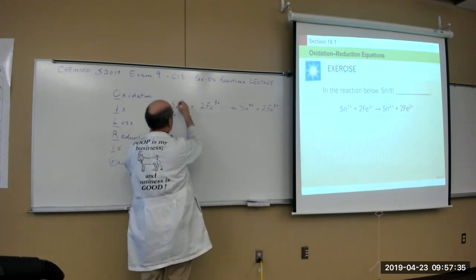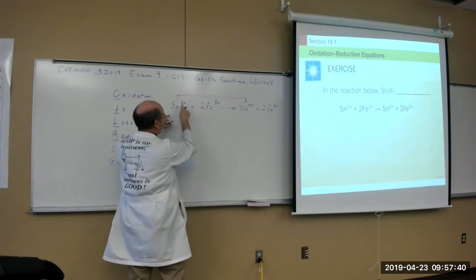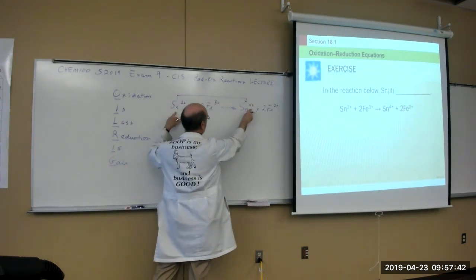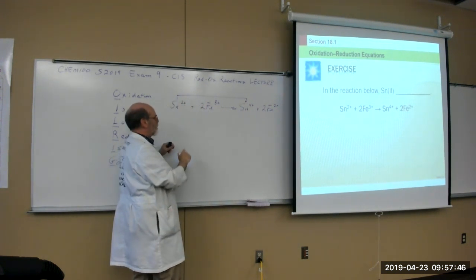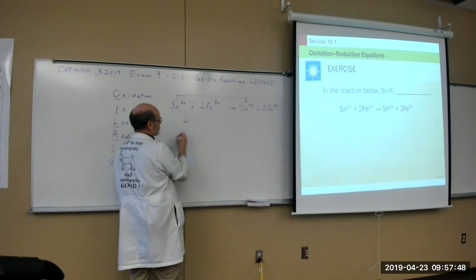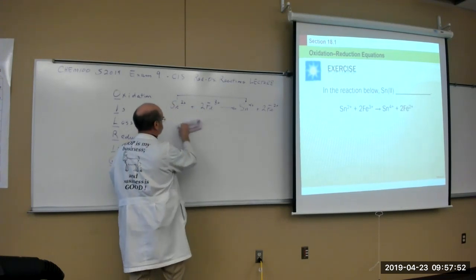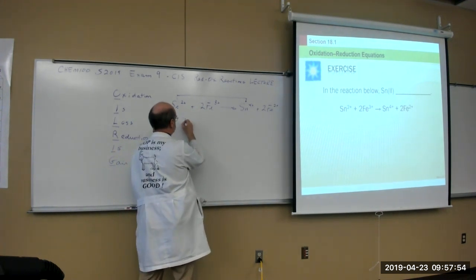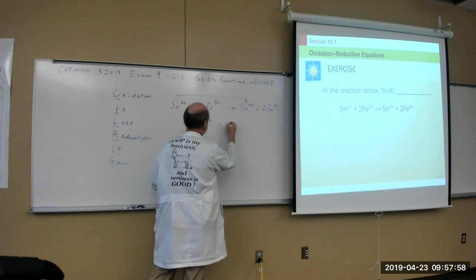Okay, so if we go from this Sn to that Sn, we're going from 2+ to 4+. Think of it as a math problem. You're starting with 2+. Let's just say you're starting with 2. And you're going to add something to it. And you end up with 4.